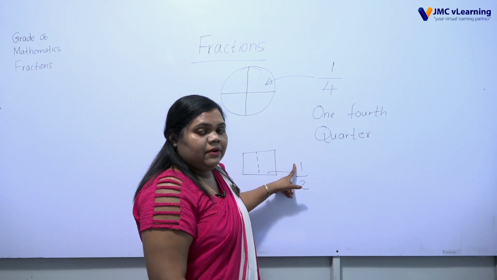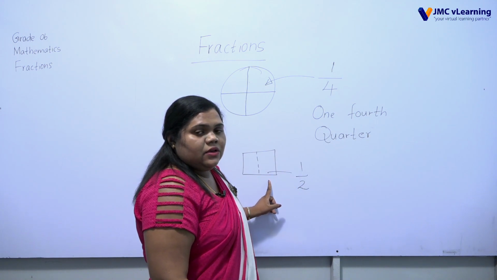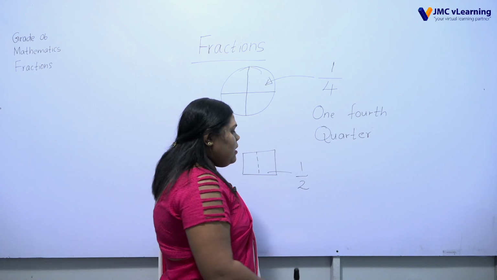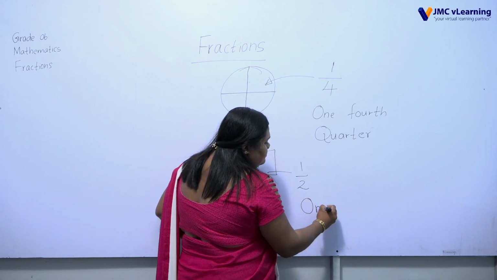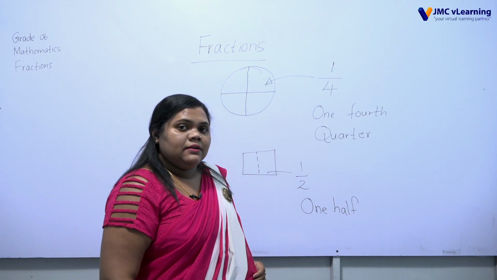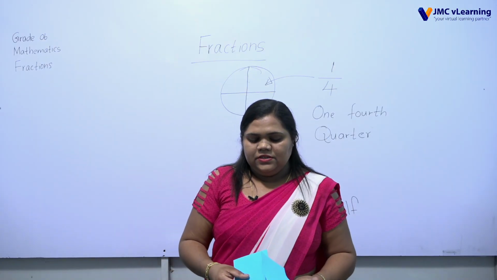So we call that half of the cake. How can we read this? We can read this as 1/2. Are you clear, children? Okay.